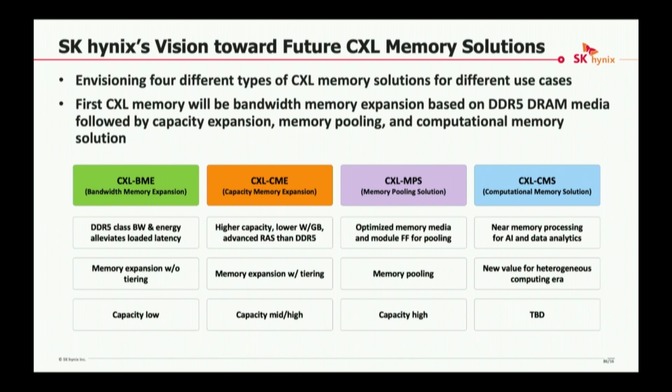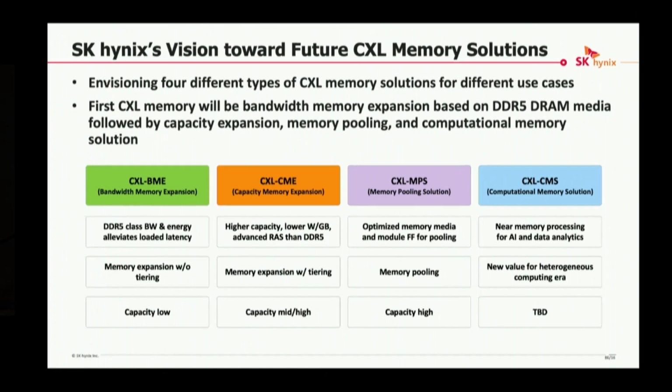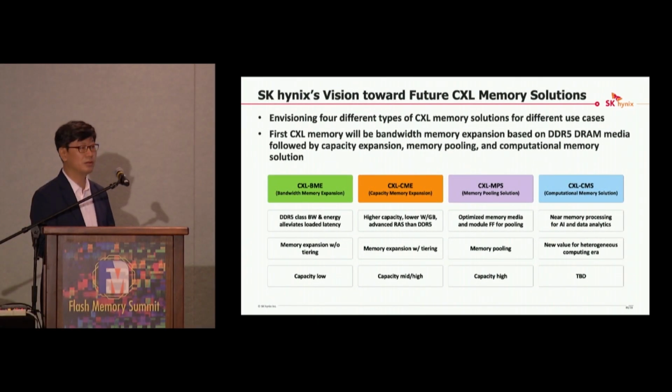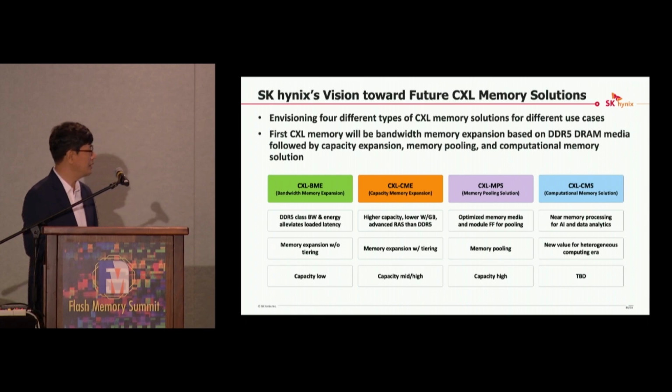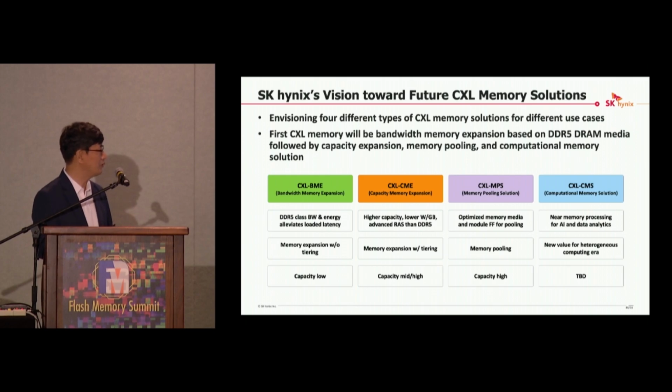So if you look at these solutions, first, CXL memory will be bandwidth expansion, as I explained, and it will be based on DDR5 memory. So this will go hand in hand with the ecosystem enabling stage, which I just explained before. One of the differences between BME and CME is that BME is a memory expansion without tiering.